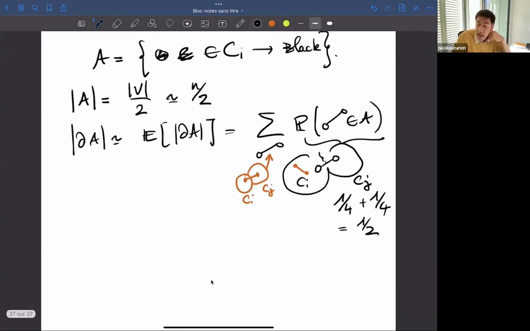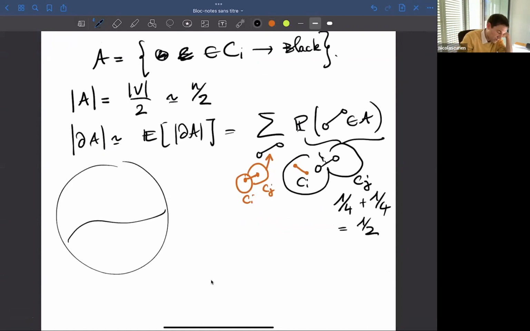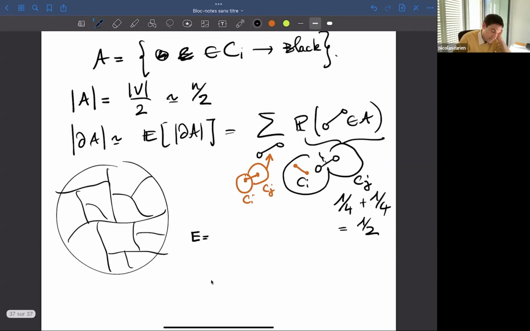Okay, so how many edges do I have? Recall, I have my graph here, which is cut into packets. And I said that the total number of edges of your graph was dn/2. But what do I want to subtract? I want to subtract the edges which are inside the packets. All those edges, I know that they will be monochromatic, either black or white.